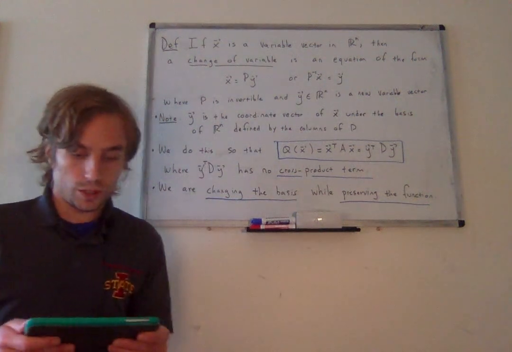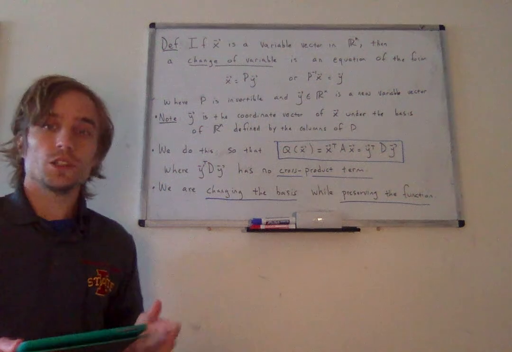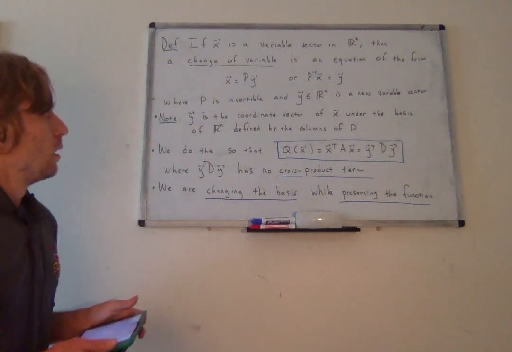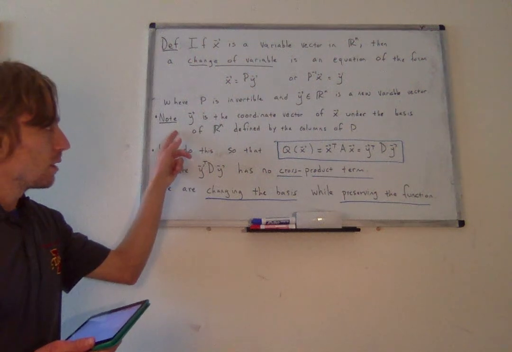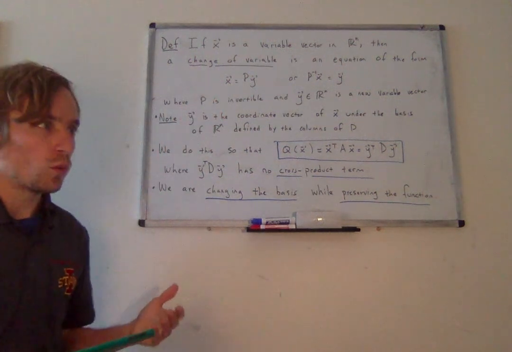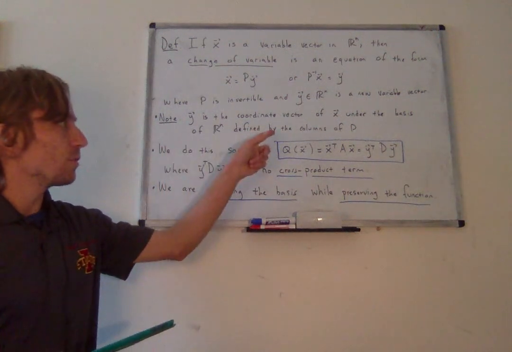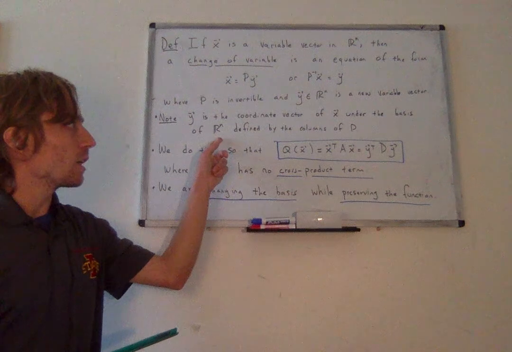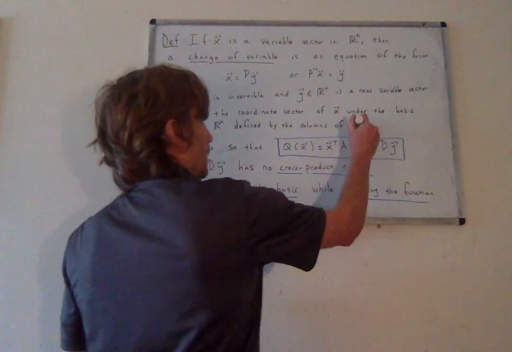I will convince you in a second that defining it this way will make everything work out the way we want. Notice that, if you go back to chapter 4, around section 4.4, y is the coordinate vector of x under the basis of Rn defined by the columns of P.